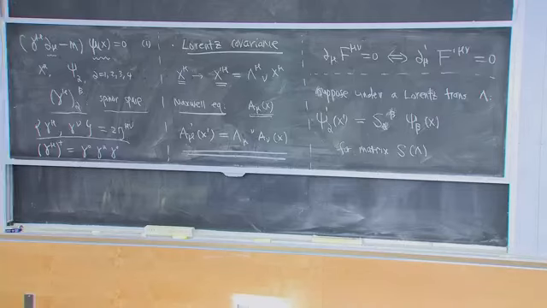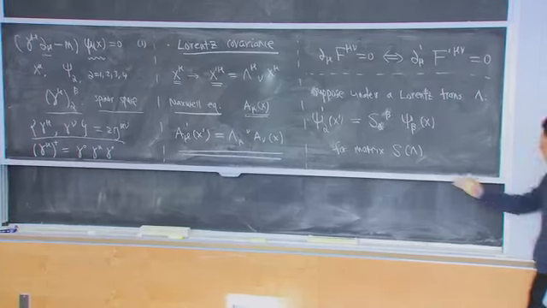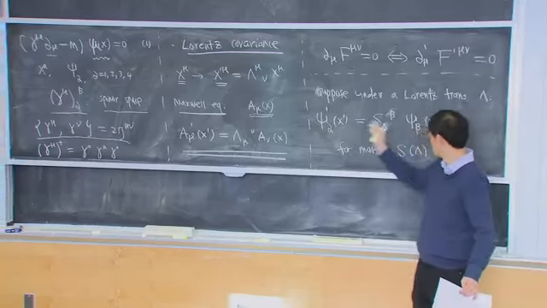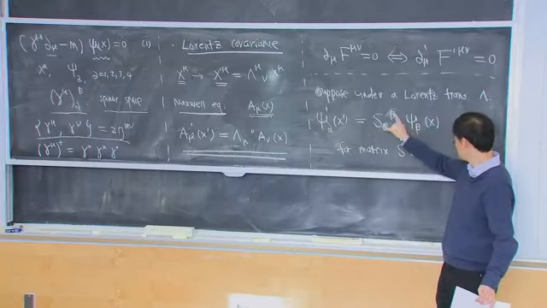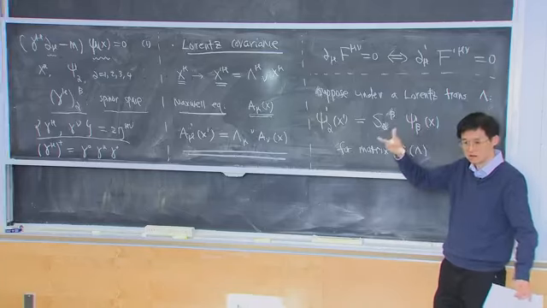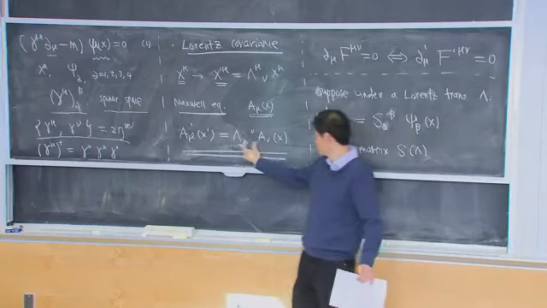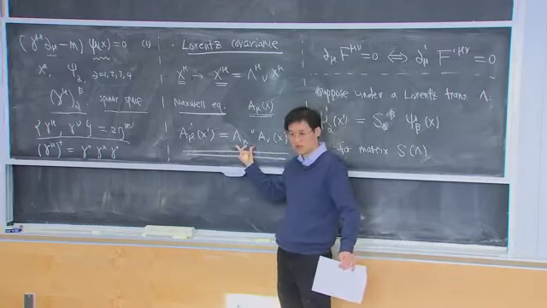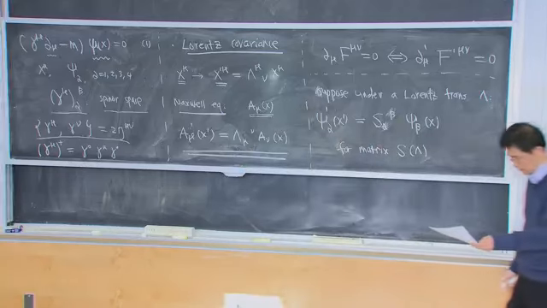So in principle you can have a transformation like this. When you evaluate at the new position, it's given by the value at the old position, but now you can make some rotation in the internal space, just as here for the Maxwell field.